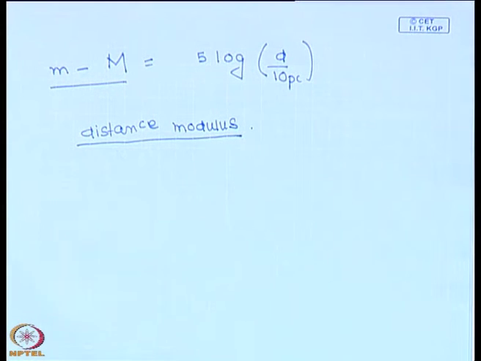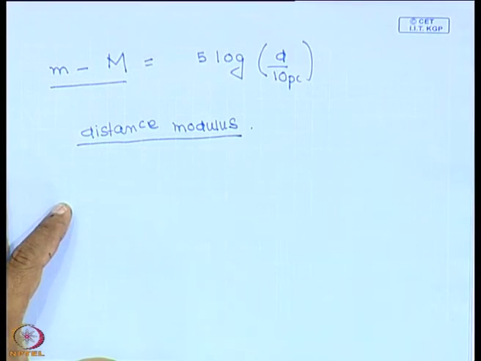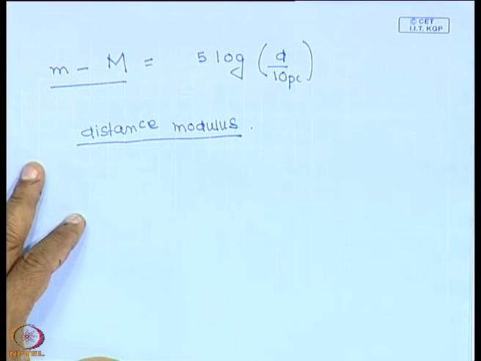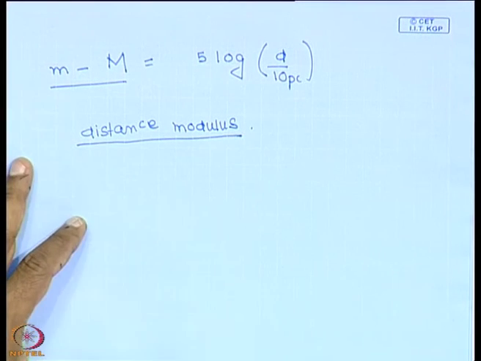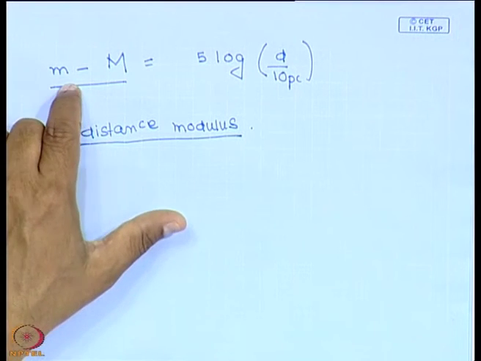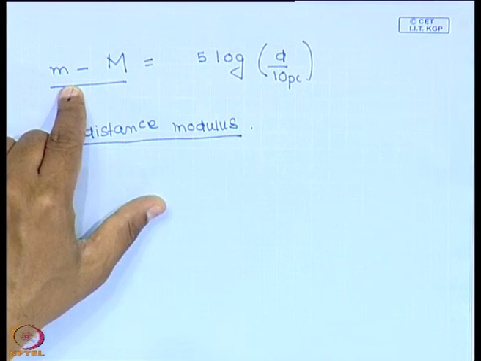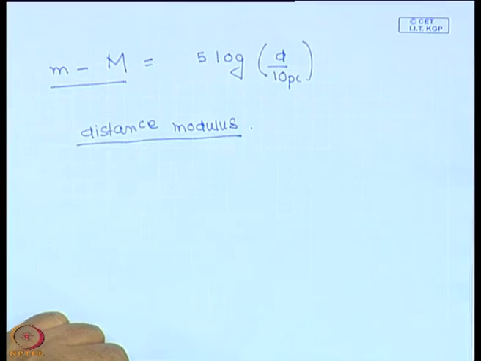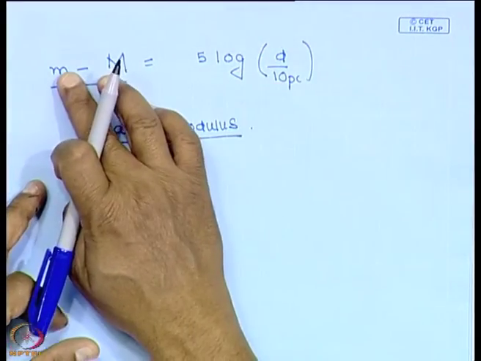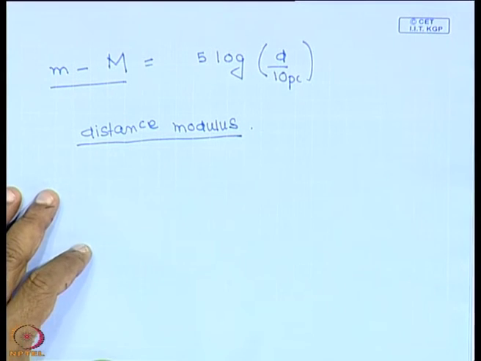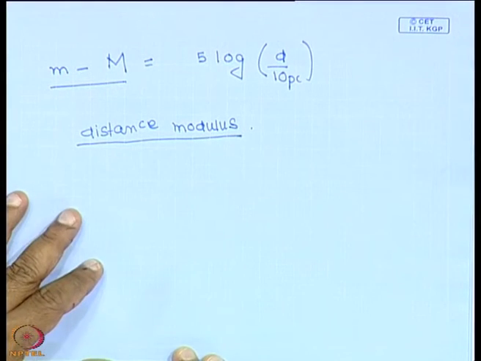Okay. Now, there are two effects which need to be included in this. The first effect is the effect of extinction. For the same source, it could appear fainter due to extinction. This is telling us that it will appear fainter because of the distance, but it could also appear fainter due to extinction.